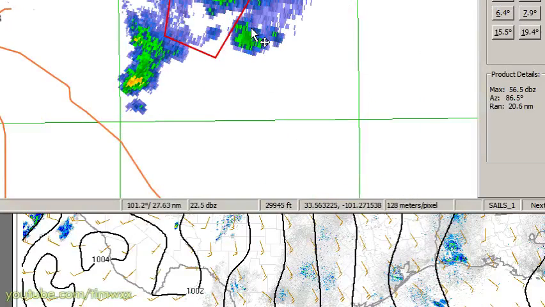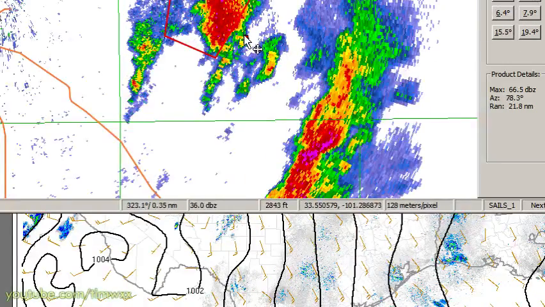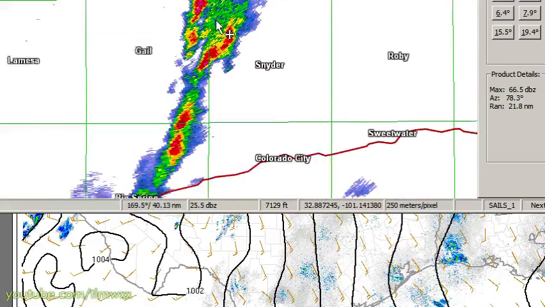Like on here, the tail end, on this storm here, the overhang right there. I'm going to go back down to the surface. And that's just barely south of the main core here. But these cells are still kind of young, and they haven't really had much of a chance to start organizing yet.